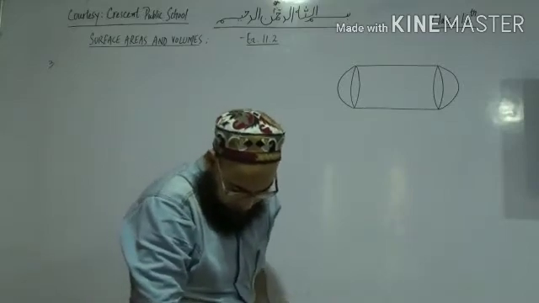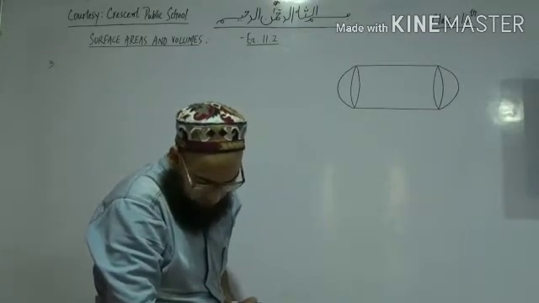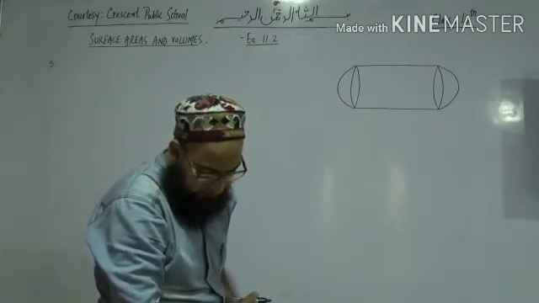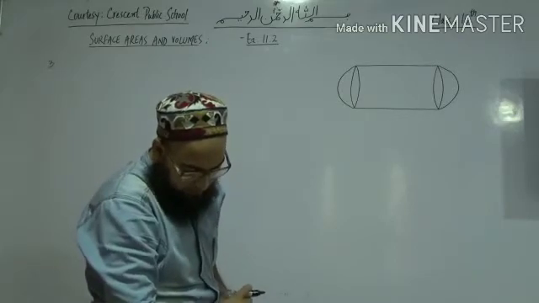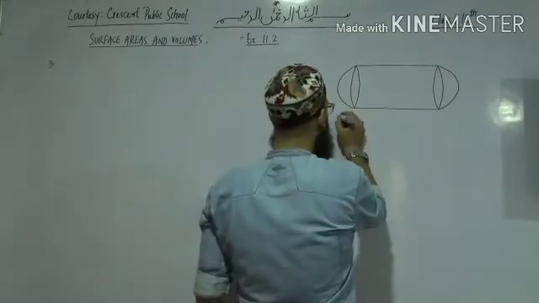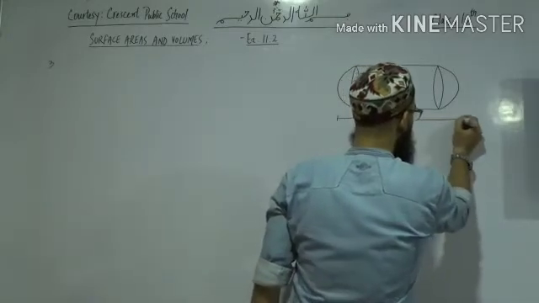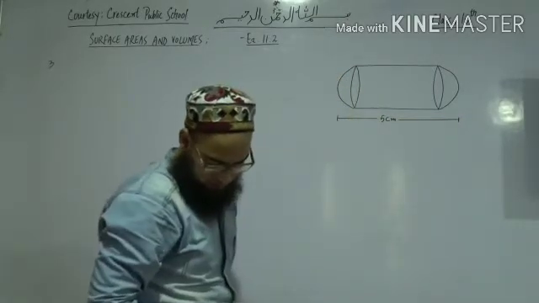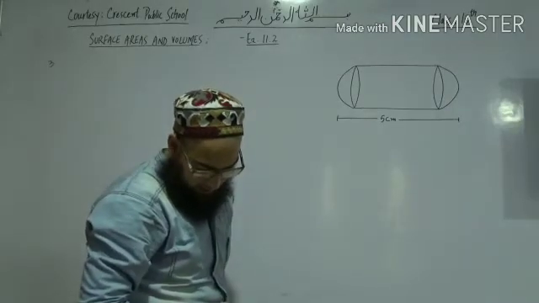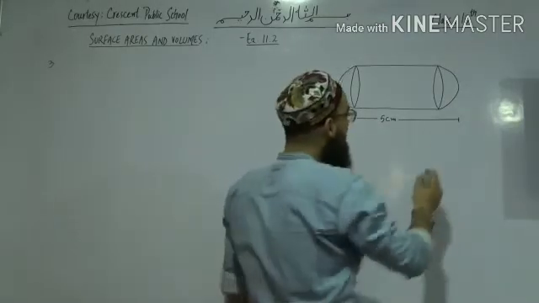Now the dimensions. Each is shaped like a cylinder with two hemispherical ends with length 5 centimeter. The total length of the jamun is 5 centimeter. Then, diameter 2.8 centimeter.